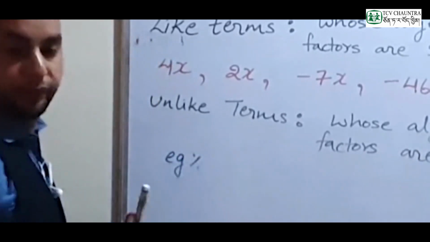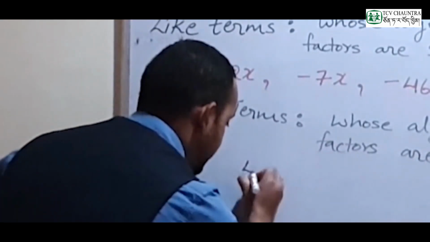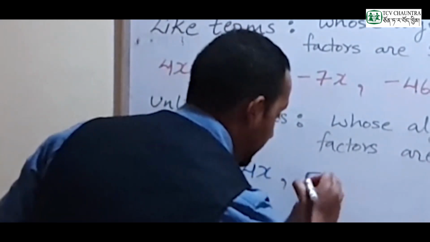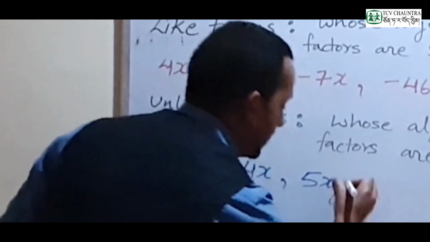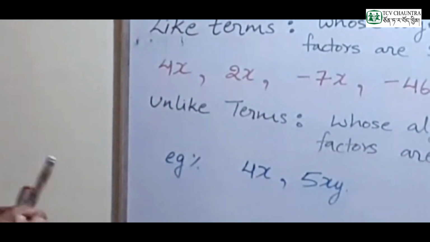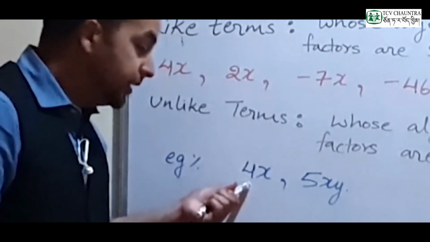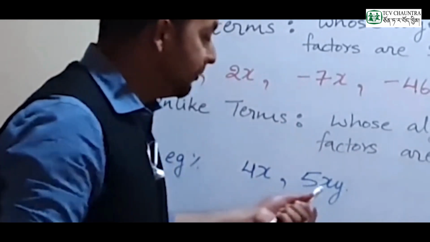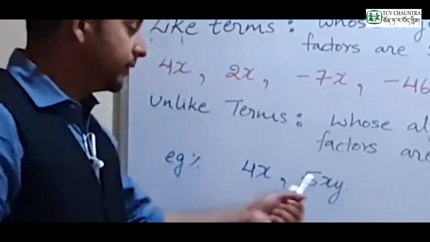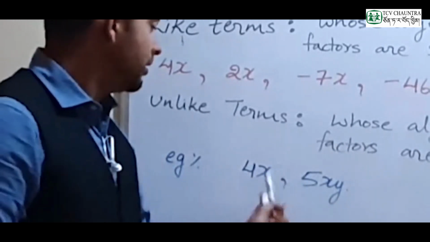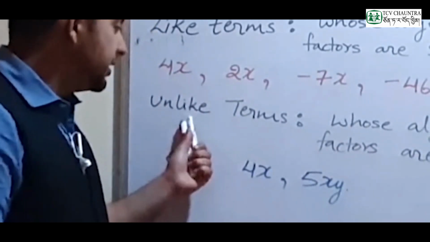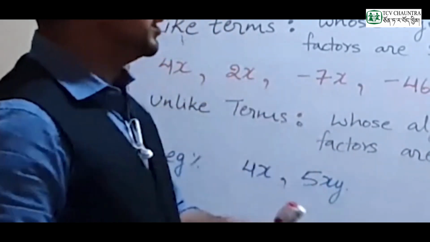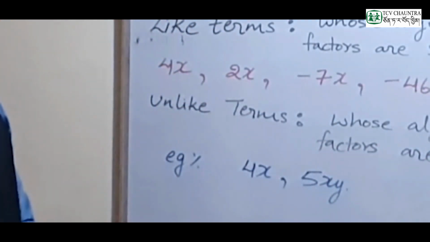For example, we have 4x, comma, 5xy. Now here it's unlike terms. Why? Because here the variable is x in 4x, and here the variable is xy, which clearly shows that these are different, right? So unlike terms means whose algebraic factors are not same, and like terms means whose algebraic factors are same.